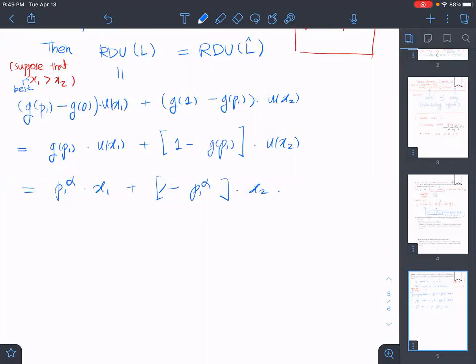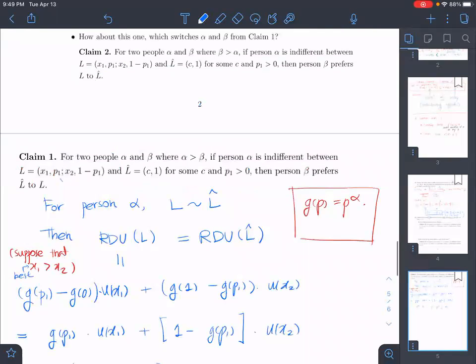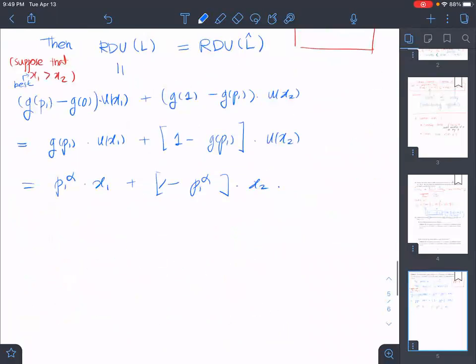Now switch the person to the other guy who's beta. For the guy named beta, P1 to the beta times x1 plus 1 minus P1 to the beta times x2.